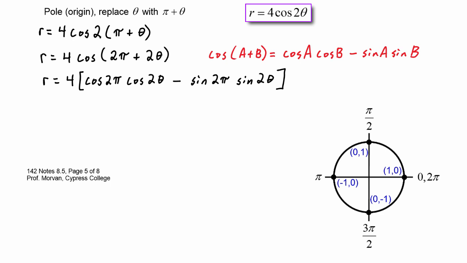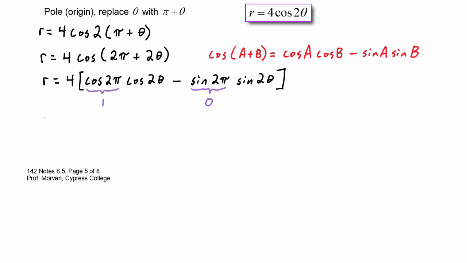We can substitute in the function values. Cosine of 2 pi is equal to 1. Sine of 2 pi is equal to 0. Our equation becomes r is equal to 4 times the quantity cosine of 2 theta minus 0, which becomes r is equal to 4 cosine of 2 theta.